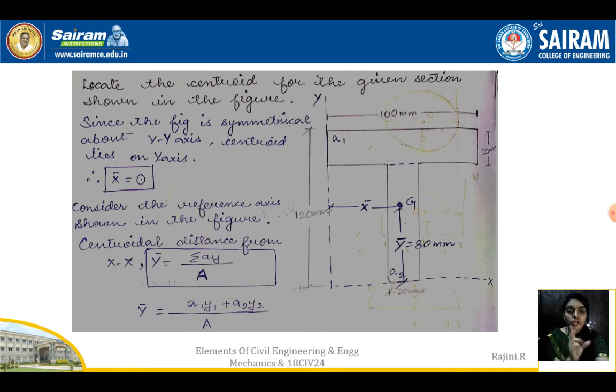So you will get two different areas. For two different areas, the formula will be a1 into y1 plus a2 into y2 divided by capital A. How many areas there are, that many terms we write in the formula. So y bar is equal to a1 y1 plus a2 y2 divided by A. Now we will find a1, y1, a2, y2 and capital A.